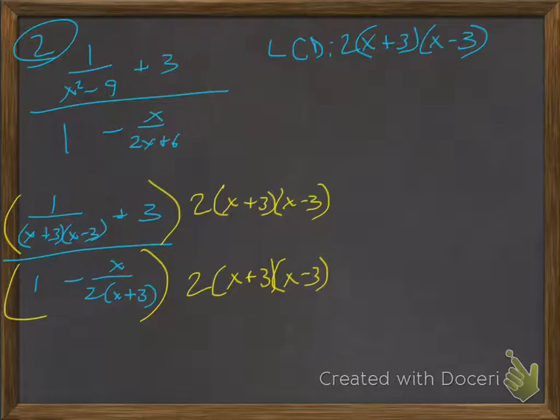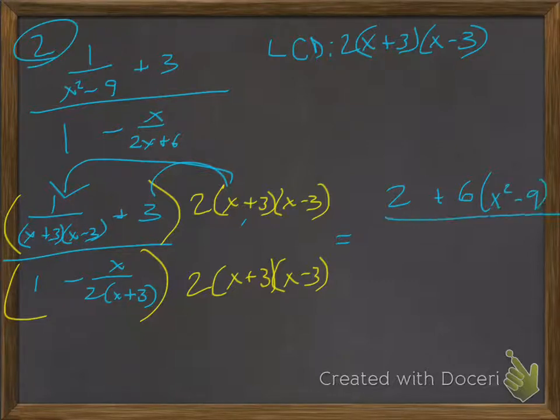What's going to happen when I distribute this to the first one, the x plus 3's and the x minus 3's will cancel out. So it's just going to be 1 times 2. And what happens in the second one? Nothing's going to cancel out here. So that's going to be 2 times 3 is 6, and that's going to be distributed into x squared minus 9, because that's x plus 3 times x minus 3.